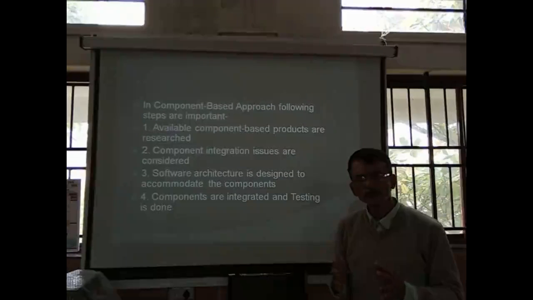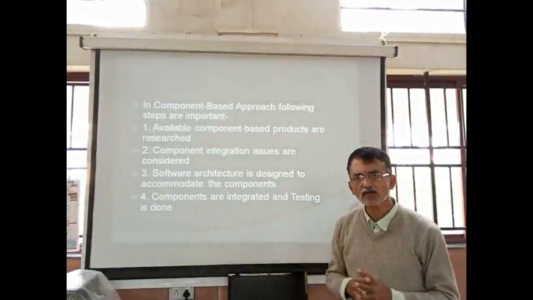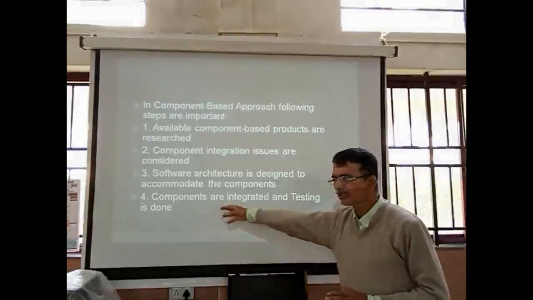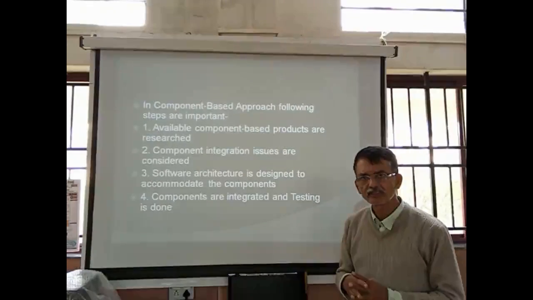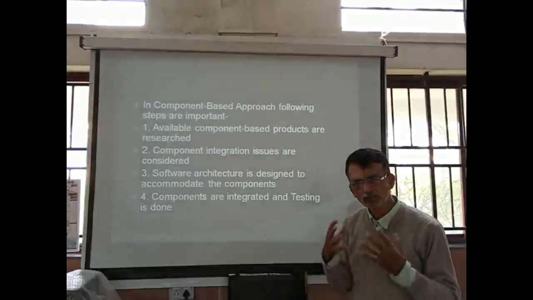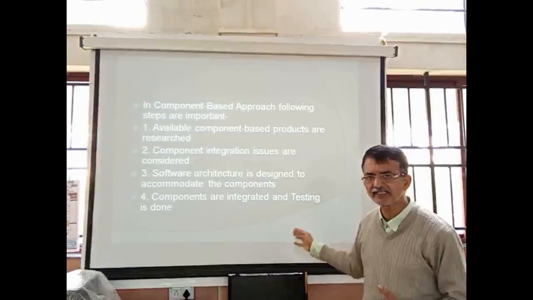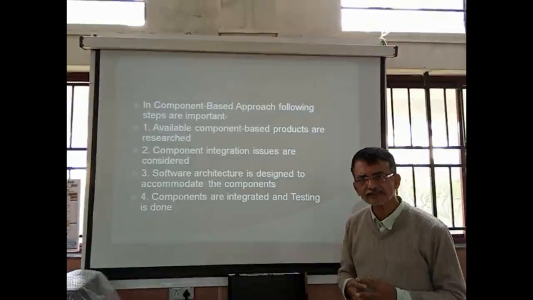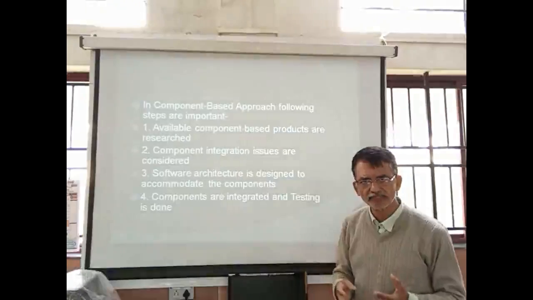So the architecture of the software should be such that all these ready components should be accommodated and integrated properly. Next, the components are integrated, joined together, so that there are proper interfaces, and the components are tested as a system. So all those system development aspects are considered while developing a component based software.